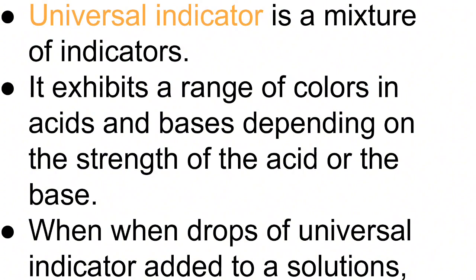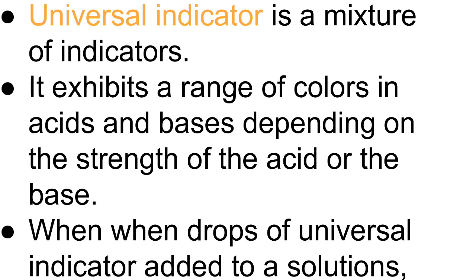It shows a range of colors in acids and bases depending on the strength of the acid or the base. So the universal indicator is normally a mixture of many indicators, and it shows a specific color depending on the strength of the acid or base.